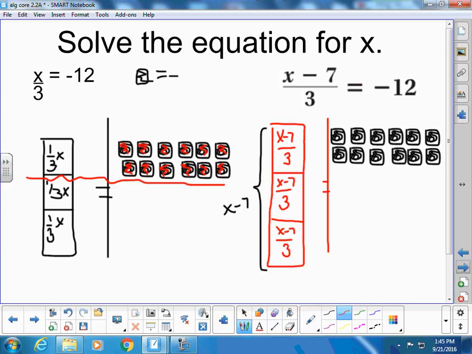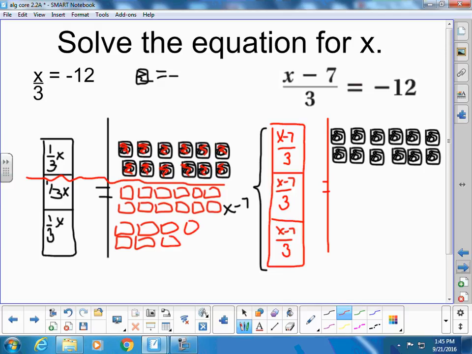If one part is equal to negative 12, I need a negative 12 here, and a negative 12 down here in order to figure out what a whole x is.